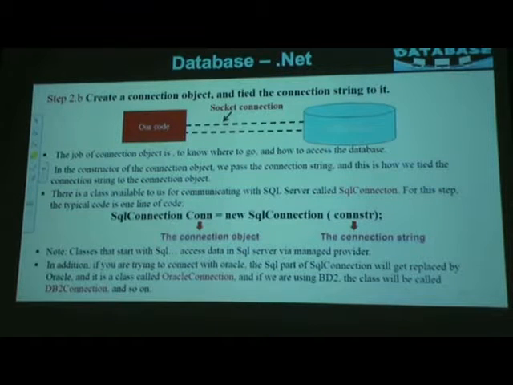In addition, if we are trying to connect with Oracle, the SQL part of SQL connection will get replaced by Oracle. So there is a class also called Oracle connection. And if we are using DB2, the class will be called DB2 connection, and so on.